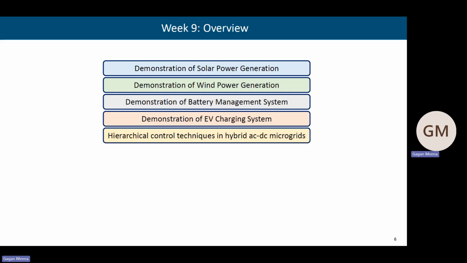Everything is going to be connected into the grid, so we cannot directly connect our DG, solar farm, or wind farm into the grid without checks and balances, without full proofing that particular generator.